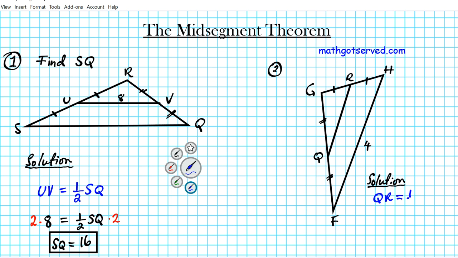The midsegment is 1/2 the length of the third side, which is 1/2 FH. Let's substitute what we know and what we need to find. We need to find QR, and we know that FH is 4, so we substitute 4 there. What is 1/2 of 4? 1/2 of 4 is 2, so QR is 2 units long.